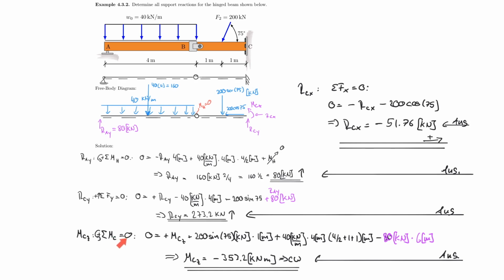Why did we take that point? We could have taken any other point, by the way, but I like to take this point because it makes RCY disappear. And so if we would have made a mistake here, then this force would have also included a mistake in this calculation. And by taking the sum of the moments about point C, we completely ignore RCY and RCX as well, because both lines of action pass through that point.